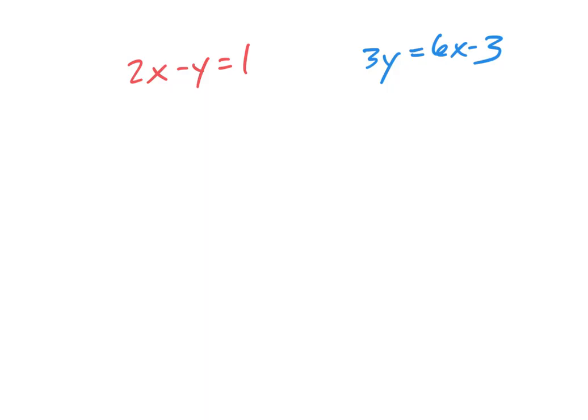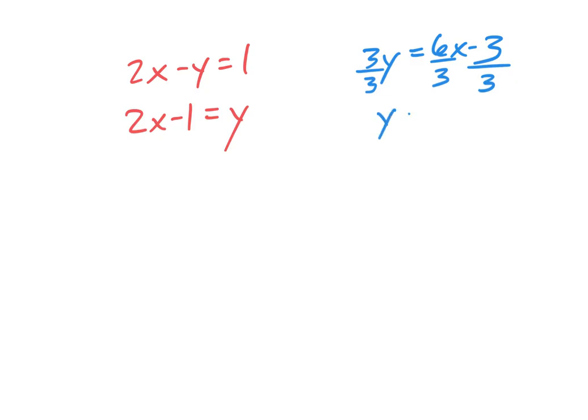Okay. You don't have to do any division or anything like that if you were to do it that way. So this would be 2x minus 1 equals y. Over here, trying to get y by itself, so we're going to divide by 3 all the way through.